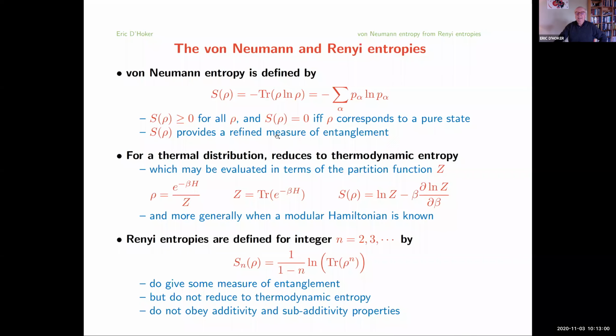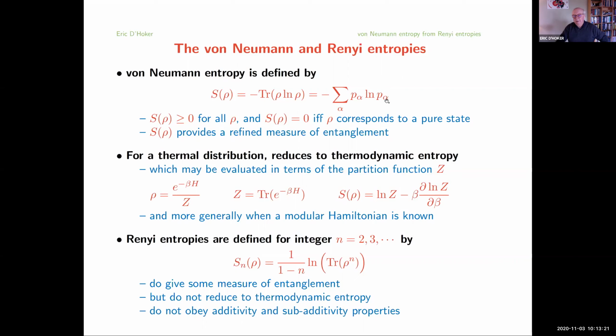So instead, the von Neumann entropy is defined in this way, as you know. So it's minus the trace of rho log rho, which in the above variables is the sum over alpha of minus p alpha log p alpha.